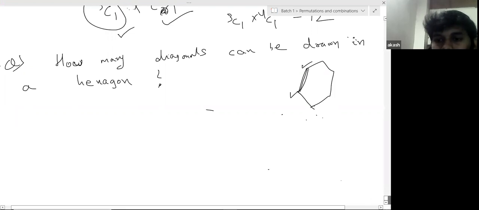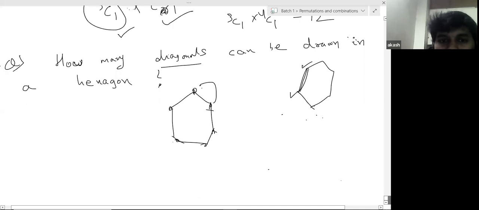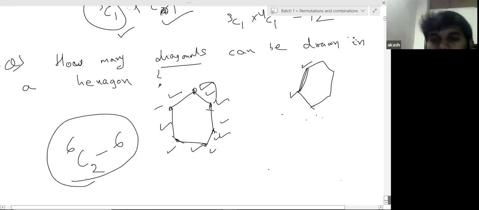So in a hexagon, 6 points we have, right? And for a diagonal, you need to connect 2 points, right? But they should not be adjacent ones. So let me do one thing. We have in total 6 points. So any 2 points will give me a line. If I subtract all the sides from this, then whatever is remaining will be the number of diagonals.